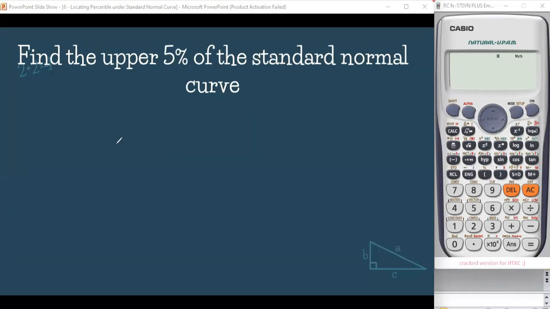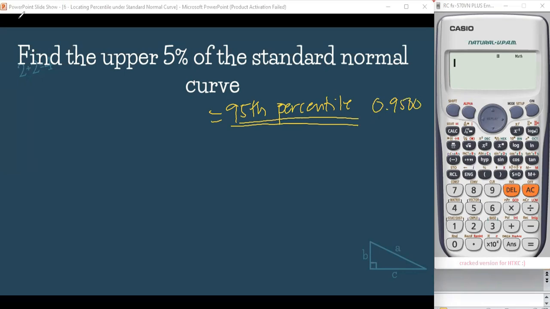What about ito po? Find the upper 5% of the standard normal curve. So, yung upper 5% natin in percentile, meaning to say that is the 95th percentile. Since itong upper na ito, ibig sabihin yung 5% po is to the right siya. Para magkaroon tayo ng to the left, kukunin po natin yung 95th percentile or that is 0.9500.